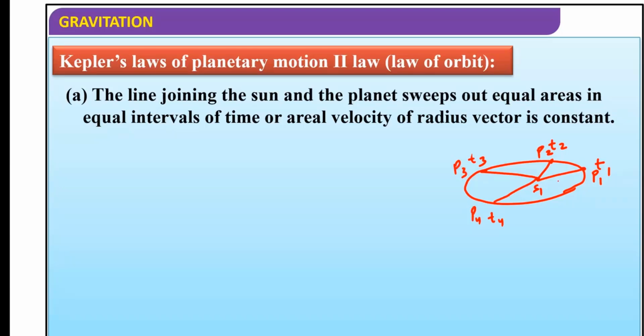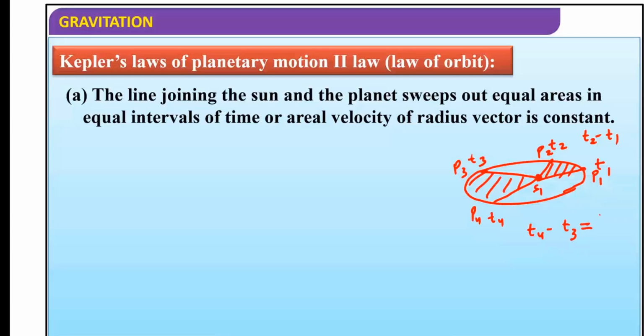So the area swept by the line joining the center of the sun and the planet in equal intervals of time is equal. So if I say the area of this part between the time interval T2 minus T1, that will be equal to the area swept by the line between the time interval T4 minus T3.